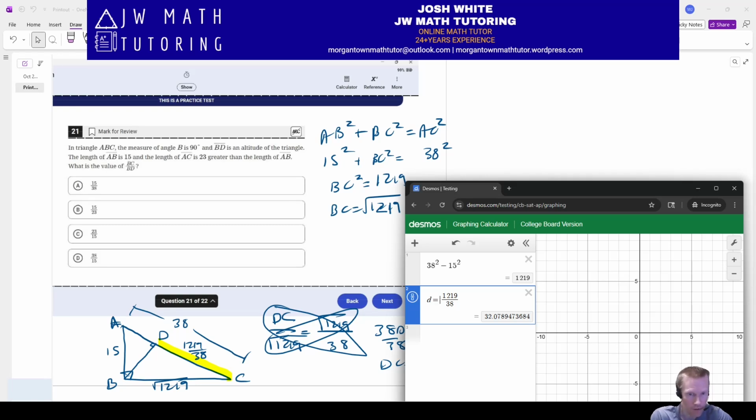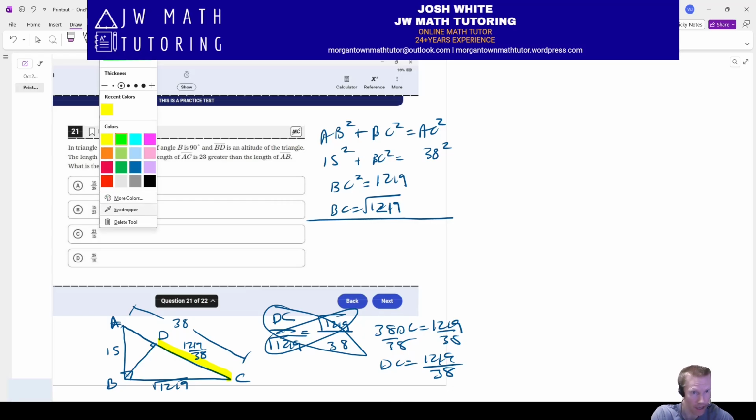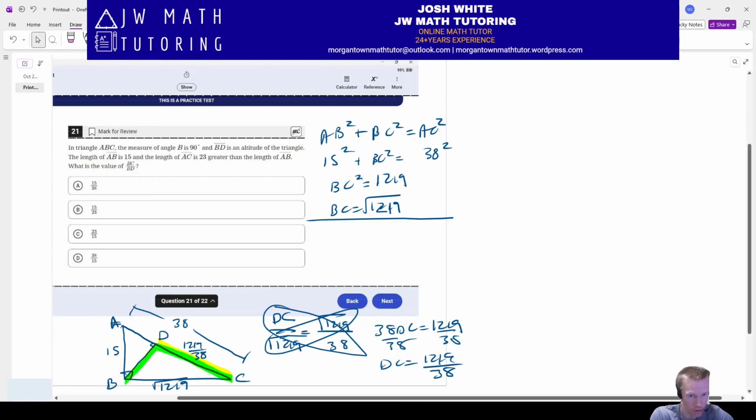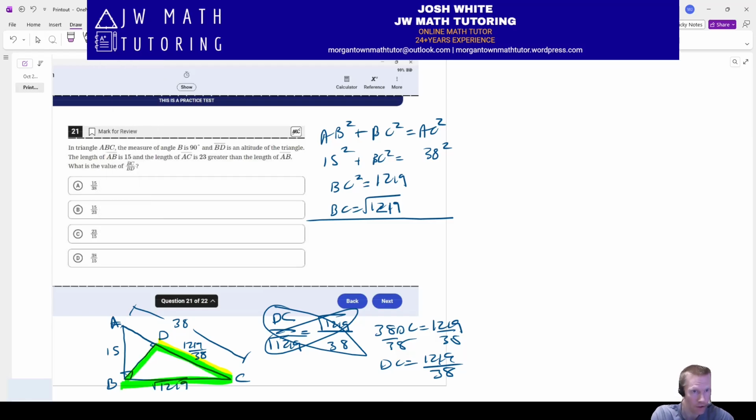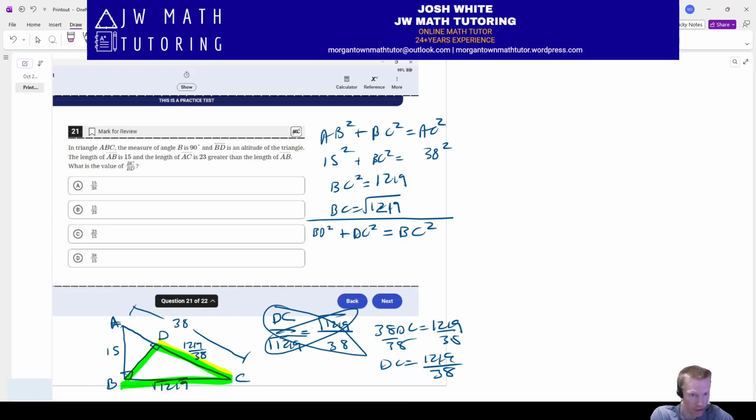Okay, now what we have to do next is Pythagorean theorem again, where we look at only the small triangle on the bottom. In other words, this triangle right here. So that means we're going to have BD squared plus DC squared equals BC squared. Again, the right angle is right here, therefore BC is the hypotenuse.